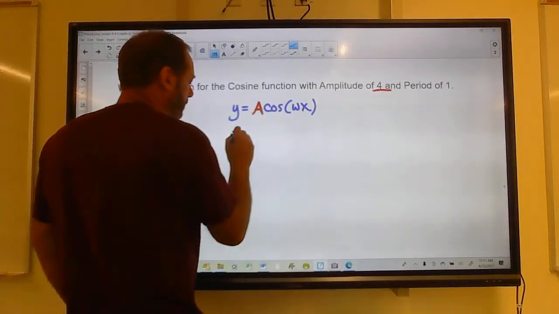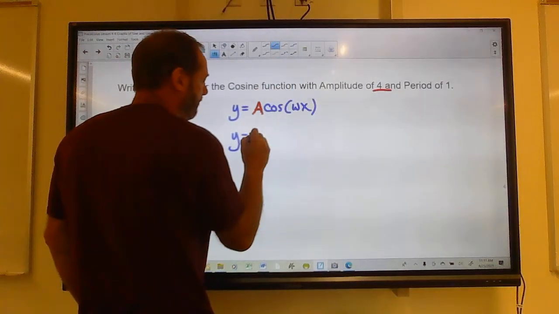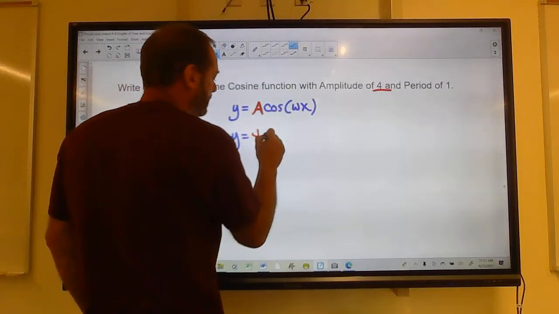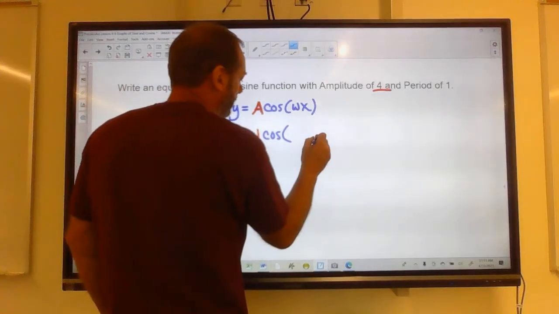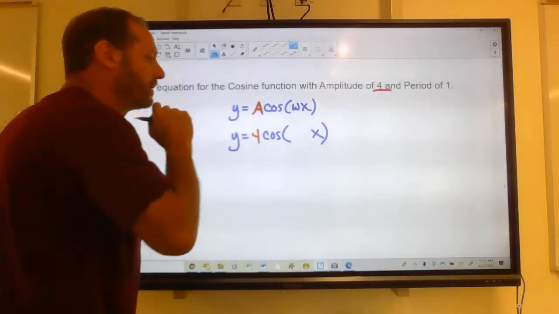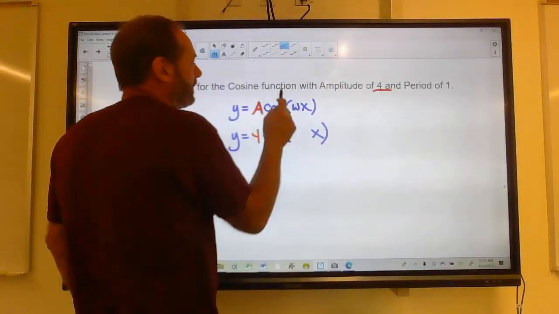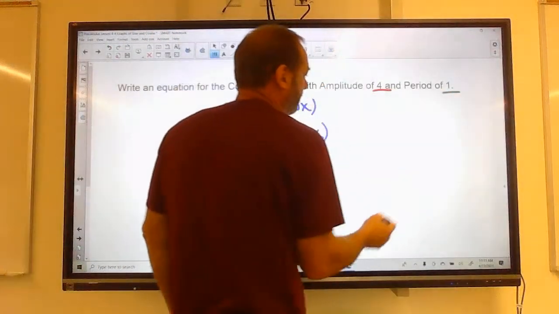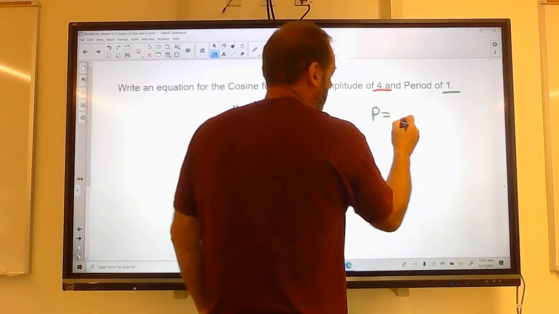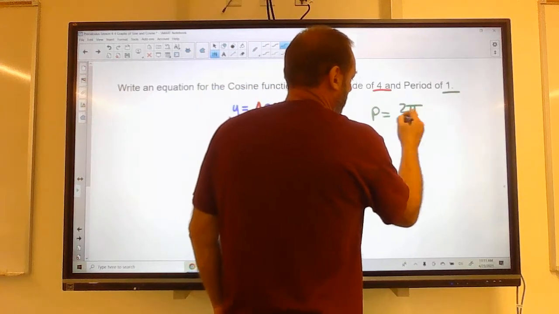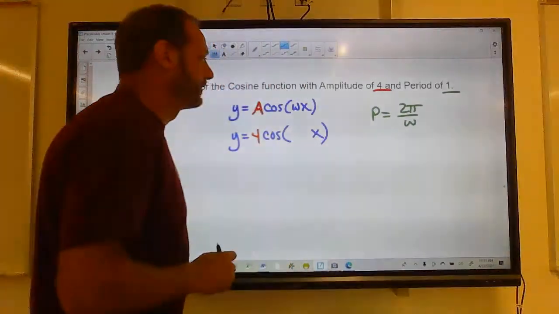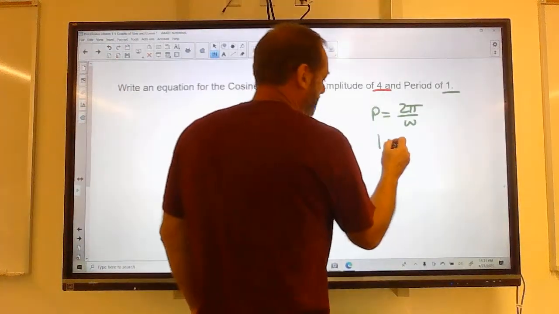So this is going to be y equals 4 times cosine of wx. Then I've got to figure out what w is. So w is going to come from this. My period is going to equal 2 pi divided by w, right? So again, my period has to be 1.